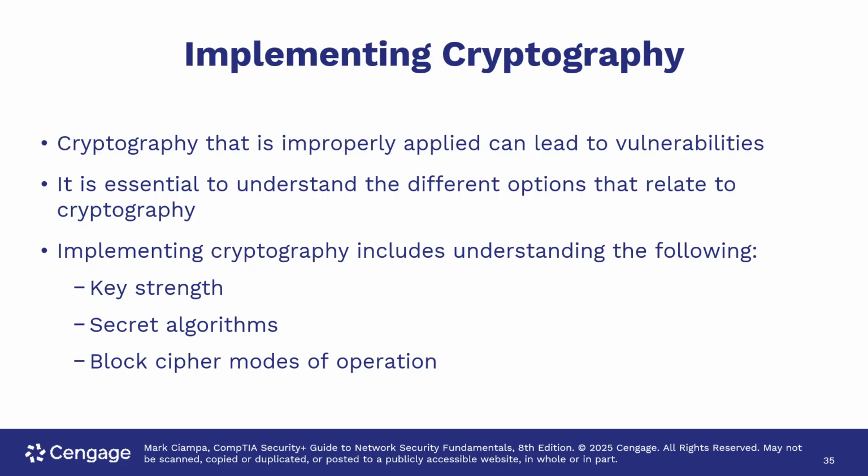Implementing cryptography includes understanding the following: key strength. So if you use PASS for a password versus password or supercalifragilisticexpialidocious, the longer the password, the better. So you also understand secret algorithms and block cipher modes of operation.